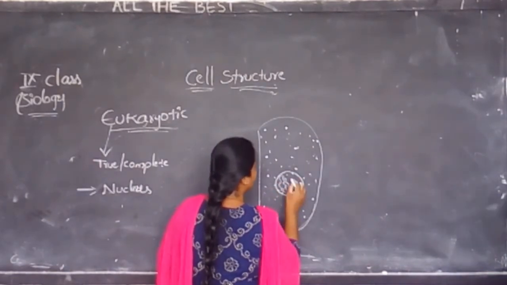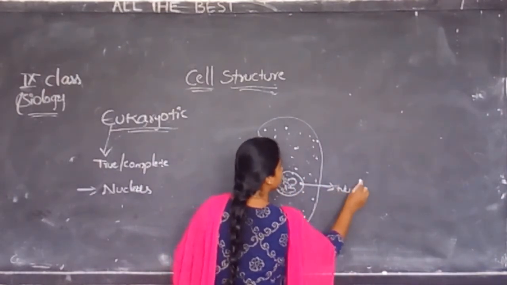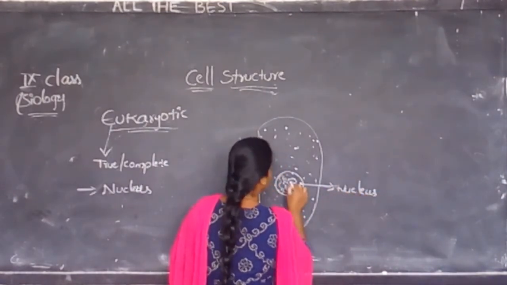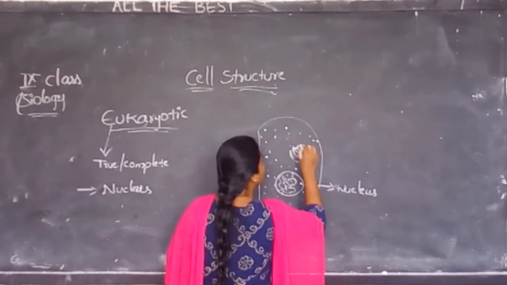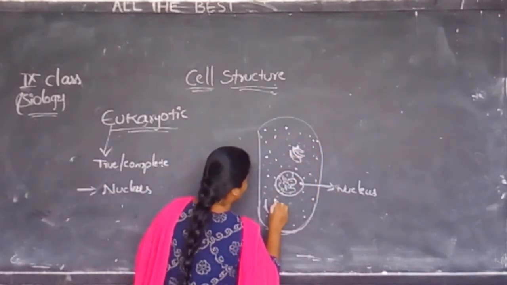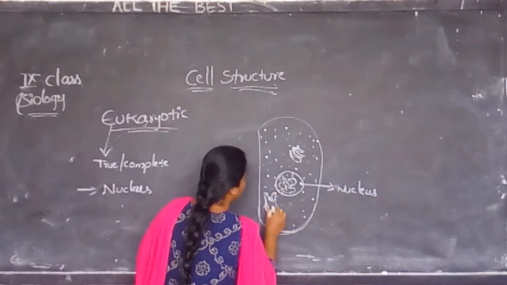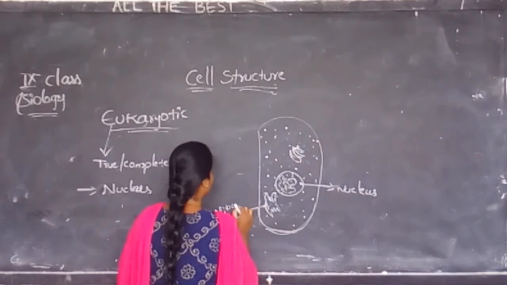These are chromosomes which are present in the nucleus. It consists of a nucleus. It has cell organelles like Golgi complex and mitochondria. This is mitochondria.